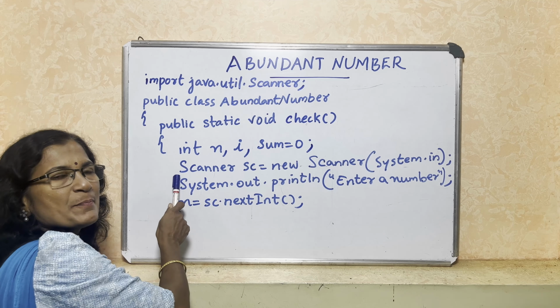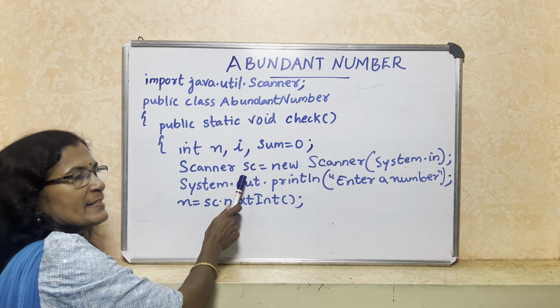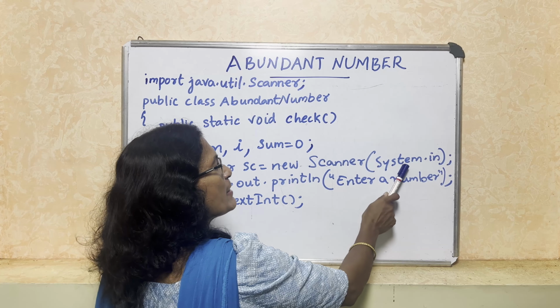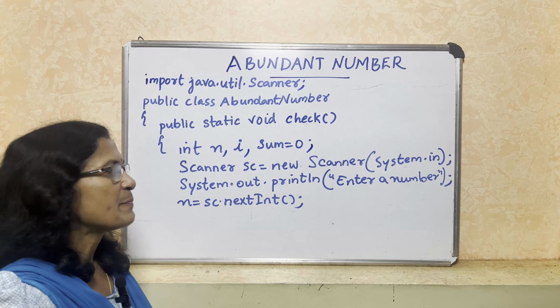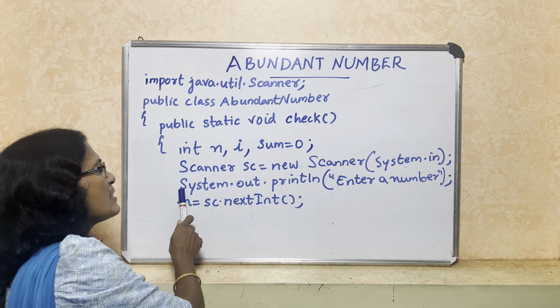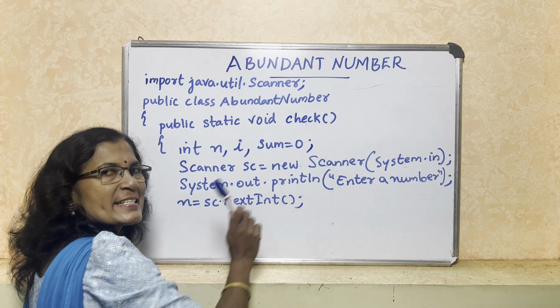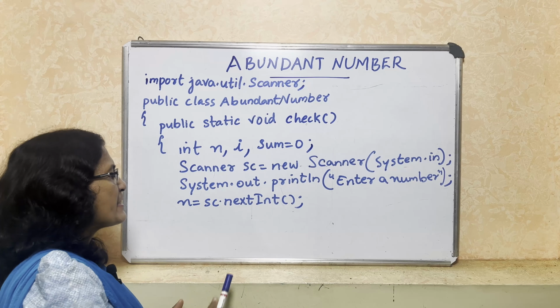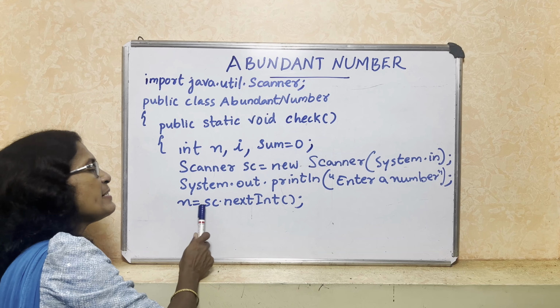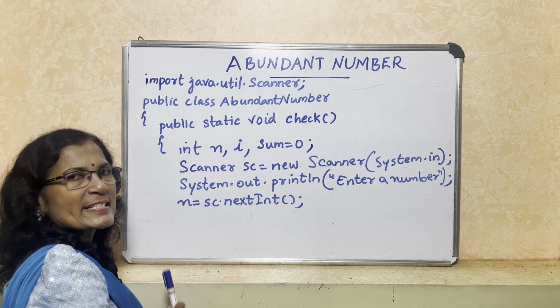At the next step, we declare the Scanner class object, which is connected to the default input device of your system. Let's give an interactive message for the user to enter the number: System.out.println, enter a number. The input from the user is accepted by using the nextInt method of the Scanner class: n is equal to sc.nextInt.